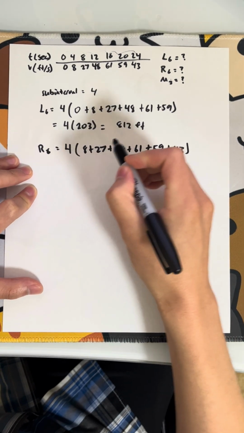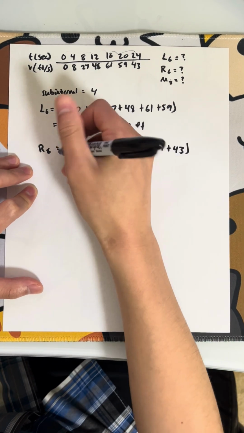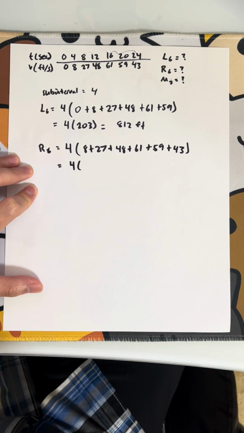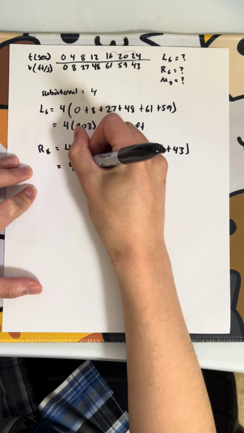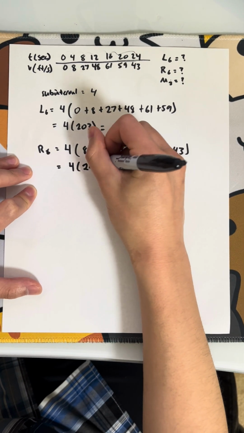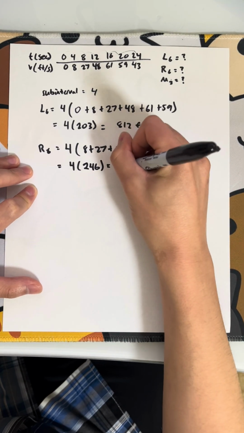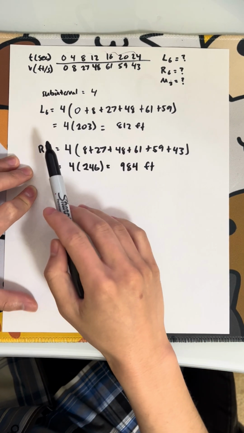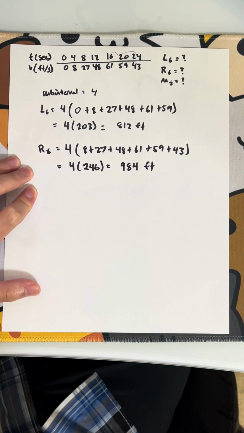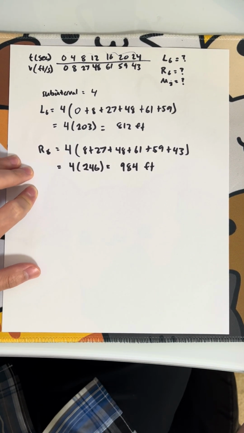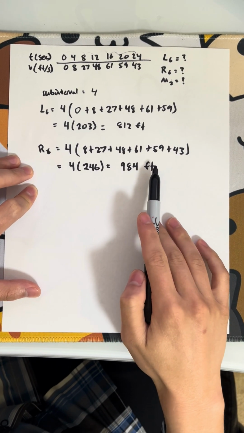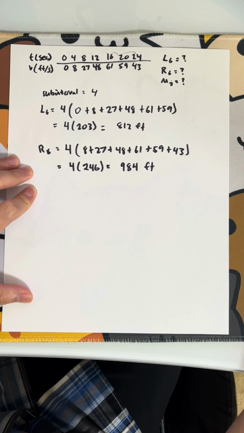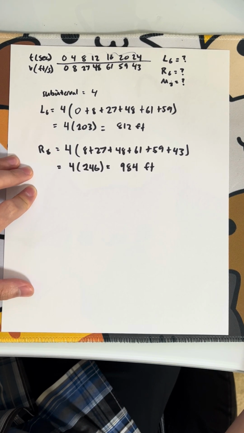Add this all up to find the sum, and that'll be 246. That gives us 984 feet. So taking from the right-hand side, we get 984 feet traveled in the 24-second period.